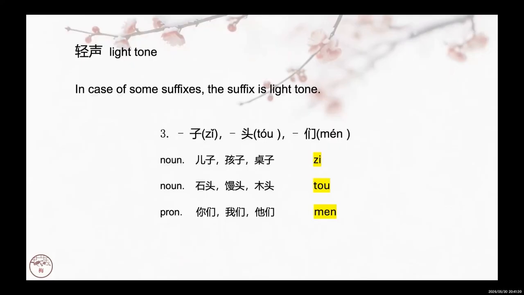That's all for today's pronunciation class. I hope I've covered all the normal situations and the exceptional situations. I understand that pronunciation is one of the main pain points for people to learn Chinese, because Chinese character is logographic, right?